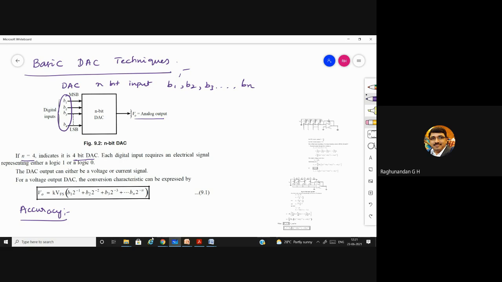You have got this 2.5 millivolt theoretically by applying the formula. Practically, when you connect the circuit and measure the output voltage in the multimeter, instead of getting 2.5 millivolt, you might get 2.3 millivolt.